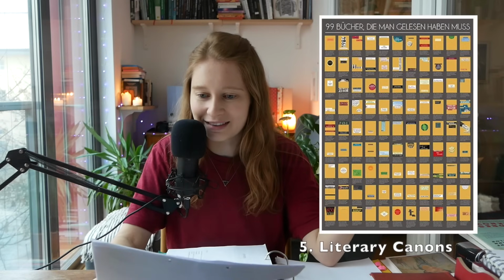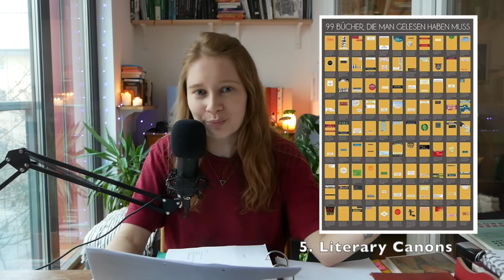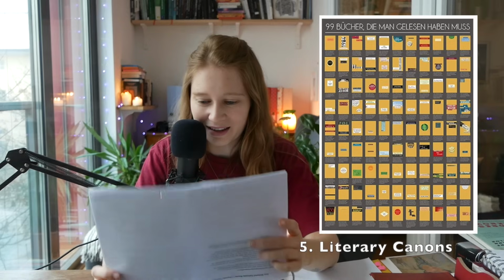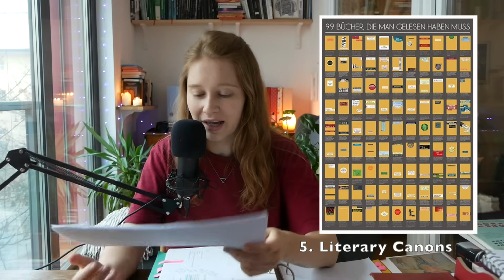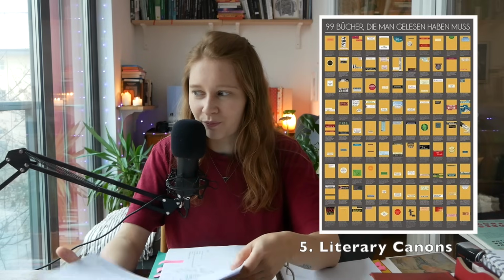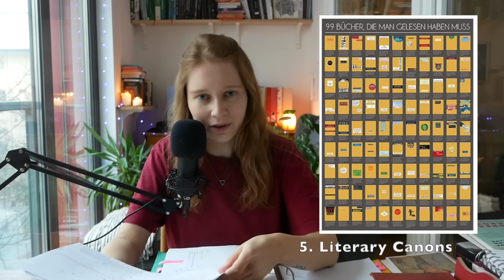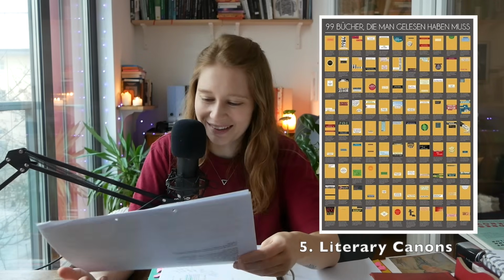All right, in lesson number 5, we talked specifically about literary canons. And we started with these kind of scratchy posters you can buy on Amazon that say 99 books that you must have read, basically. And we looked at that a little bit closer, and the maybe problems with such a poster.